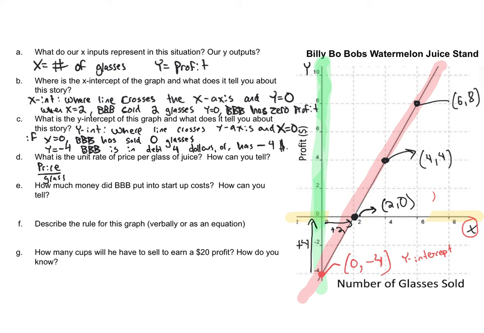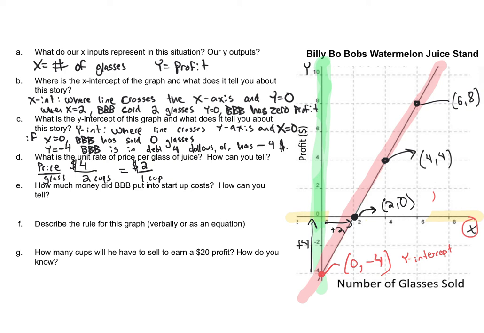So we have our price. We earned $4 when we sold 2 cups, which means that the price per glass is $2 per 1 cup. So there's our unit rate, $2 per 1 cup.